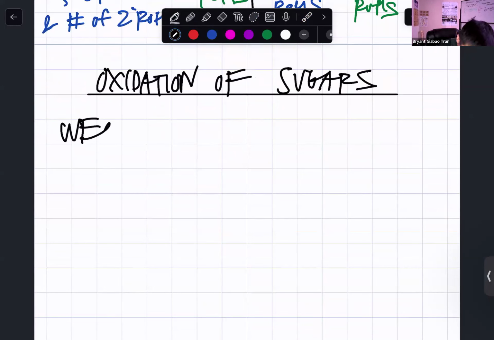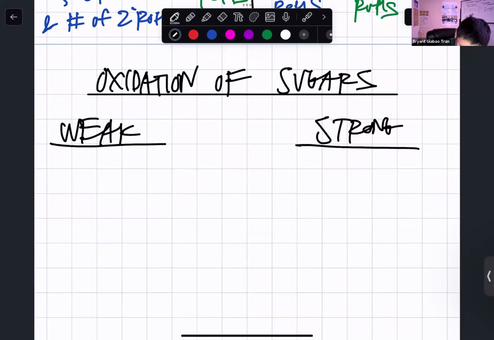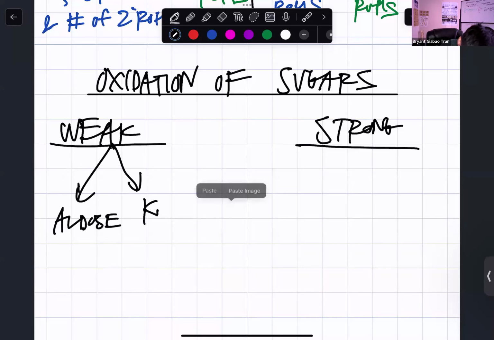Where there's a weak oxidizing agent and there's a strong oxidizing agent. The weak ones are going to be Tollens reagent and Fehling's reagent. Well, let's split this further with, let's say, which one can work with aldose and which one can work with ketose.